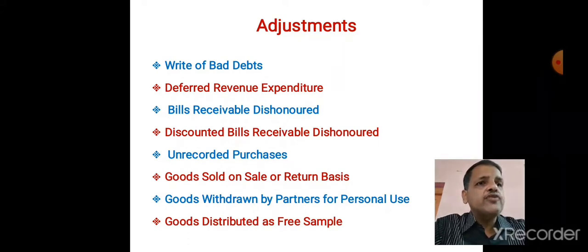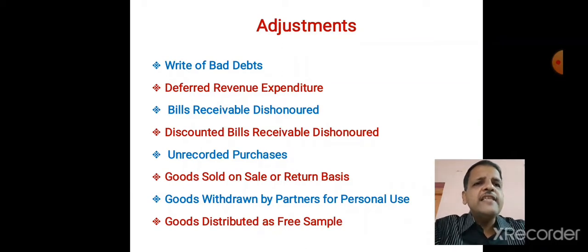So 1 lakh minus 20,000, 80,000 in the outer column on the balance sheet we will show for heavy advertisement expense. Now that 20,000 written off we have to write on the debit side of profit and loss account as heavy advertisement expenses written off 20,000. That is the effect of deferred revenue expenditure.